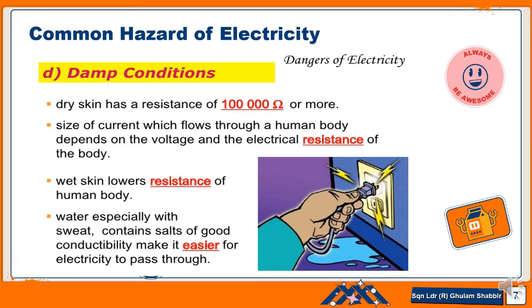Water, especially with sweat, contains salts of good conductivity, which make it easier for electricity to pass through. You can see in the picture that the water may be coming from the sockets, and our hands are wet. Whenever we try to connect to the sockets, we can get an electric shock. So we must be conscious while using electricity in damp conditions.